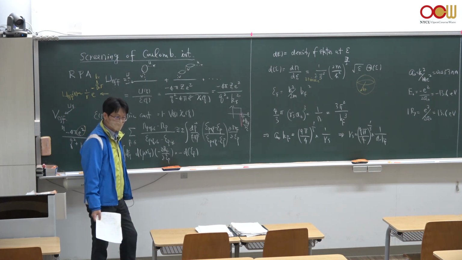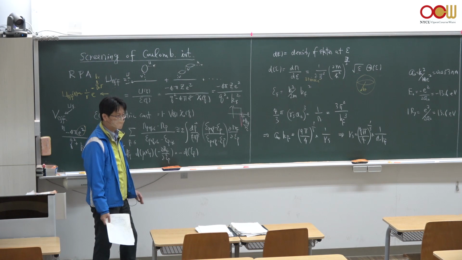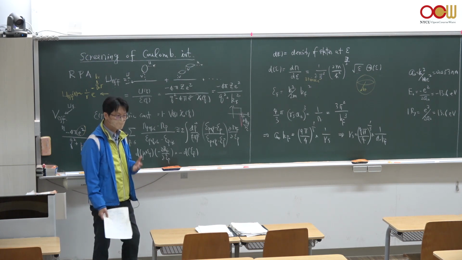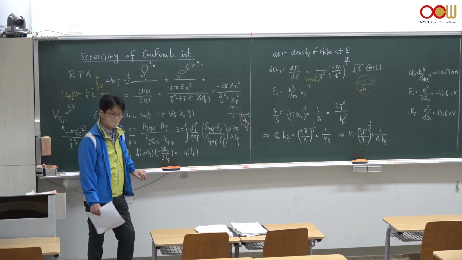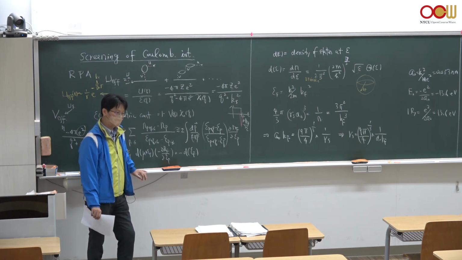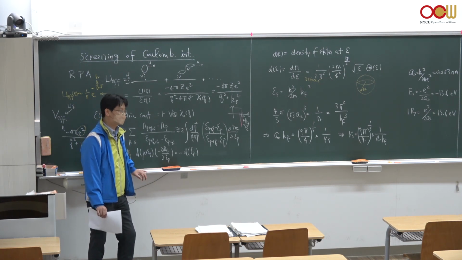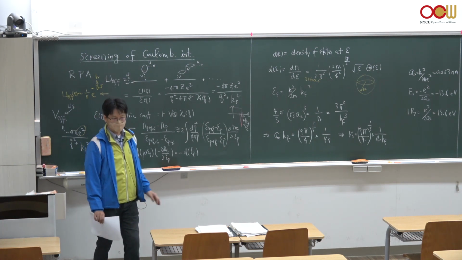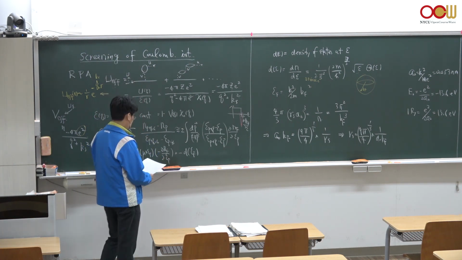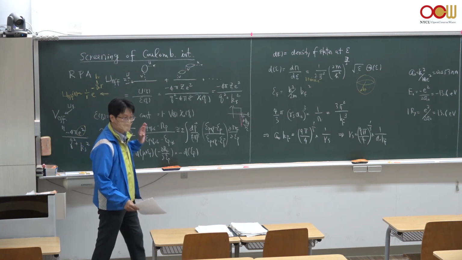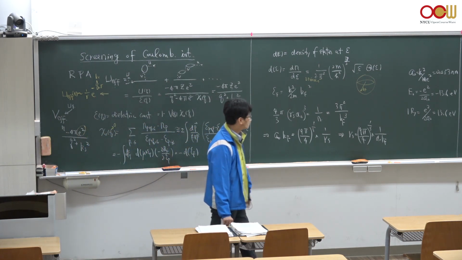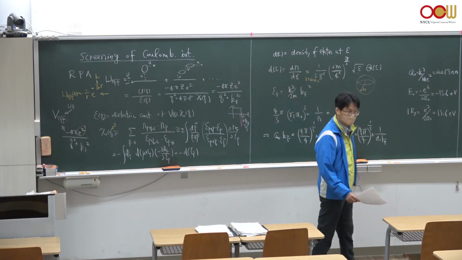So the lesson to be learned here is that we need to really use the correct language and operators to express our Hamiltonian, and then the physics becomes clear and all the results are reasonable. So that's all about the screening of a Coulomb potential.